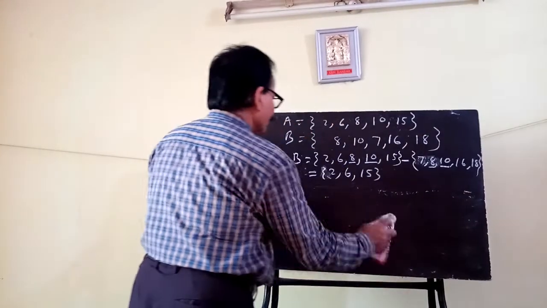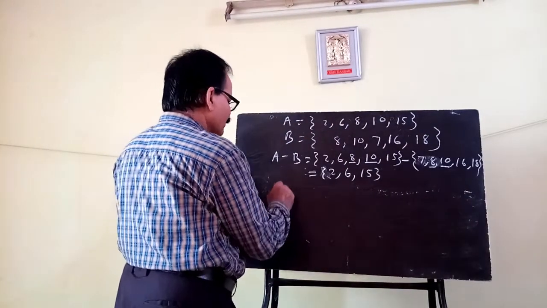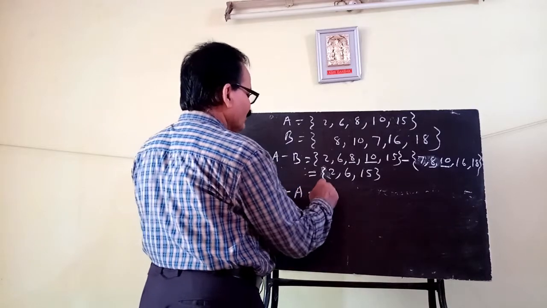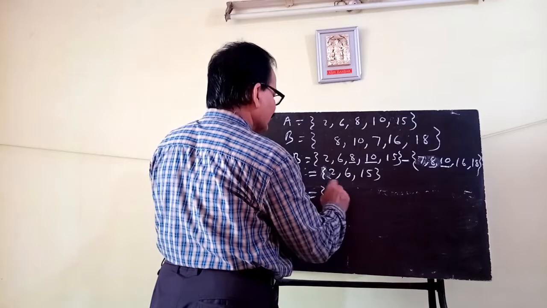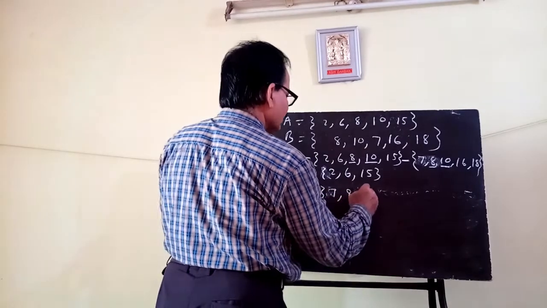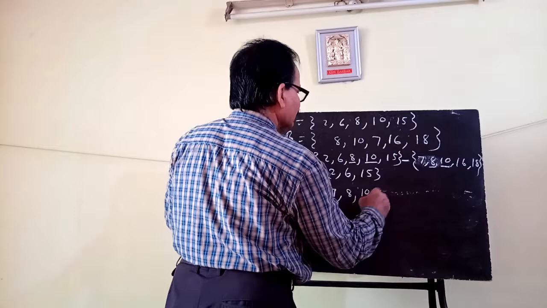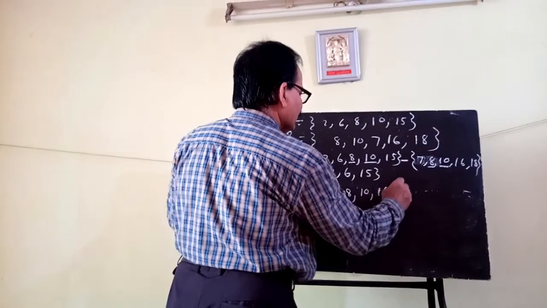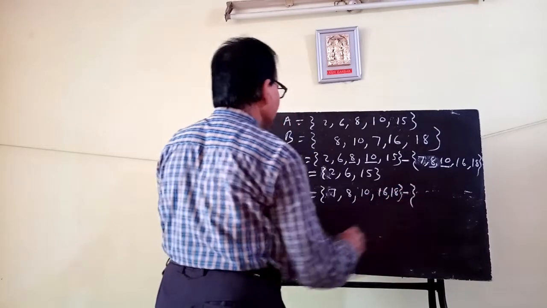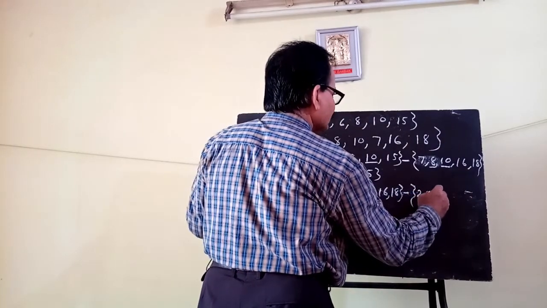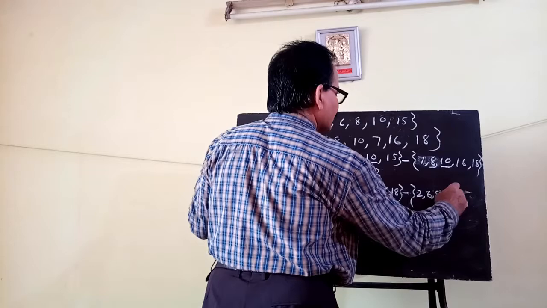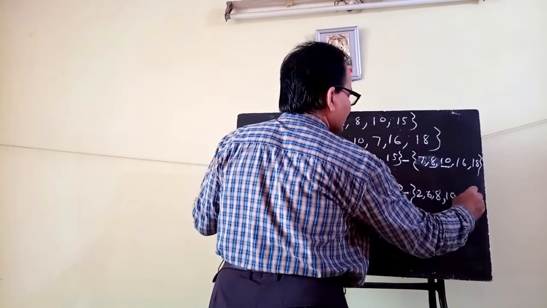And for B minus A, what you have to write is first B, that is 7, 8, 10, 16, 18. Then put a minus sign and write A: 2, 6, 8, 10 and 15.